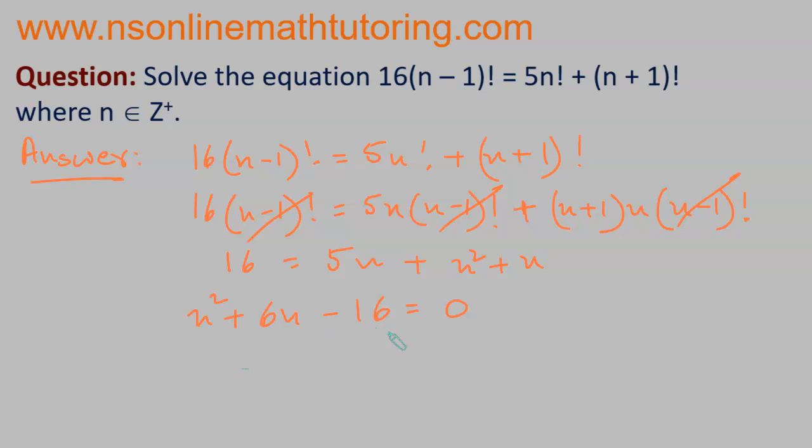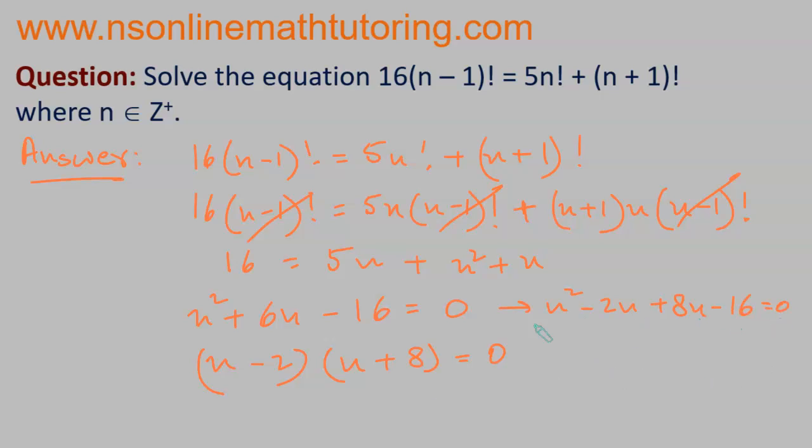And this can be factorized using the middle term splitting method, or we can just do this (n minus 2) and (n plus 8) equal to 0. If you cannot do it in one step, you can use the middle term splitting method. I can write this as n square minus 2n plus 8n minus 16 equal to 0.